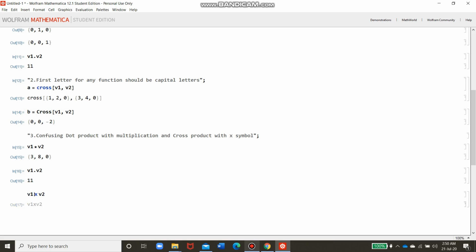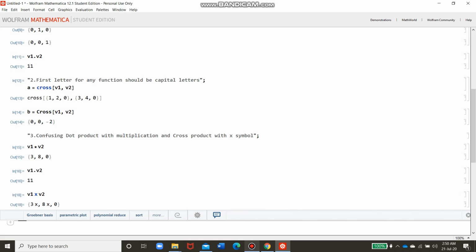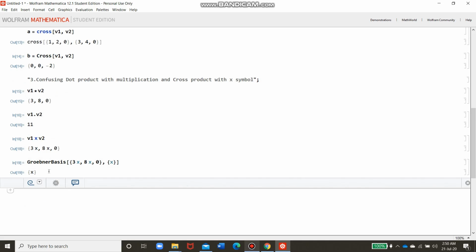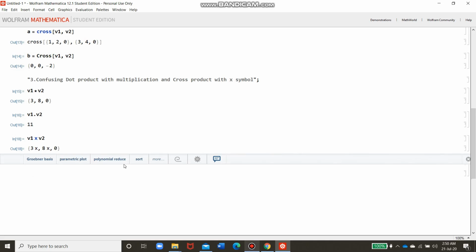Even if you put a space in between, it still won't give you a correct answer. So for a correct cross product, you always have to have Cross, open the square bracket, v1 comma v2.